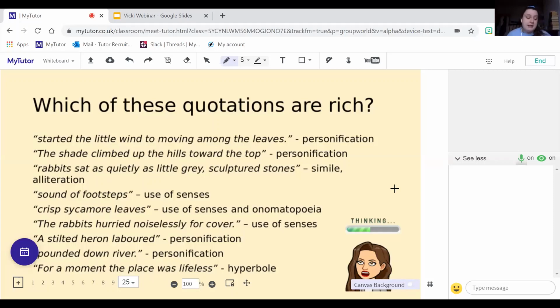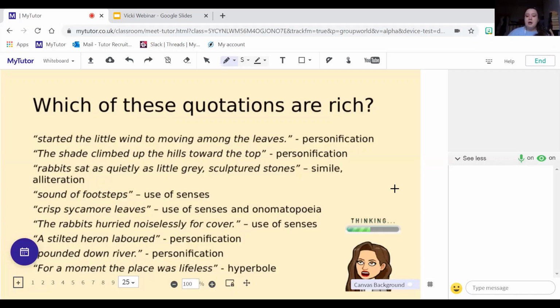Hyperbole, I didn't pick that one out, I've missed that one. So for a moment the place was lifeless. Now, is the place actually lifeless? No, they're just being really still and hiding, aren't they? There is still life there, and it might not be life as in an animal, it would be life as in sort of trees, grass, that sort of thing. So there is life there in some respect. So we could talk about any of those.